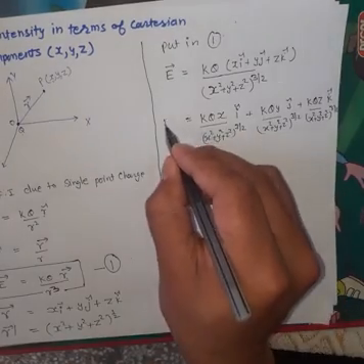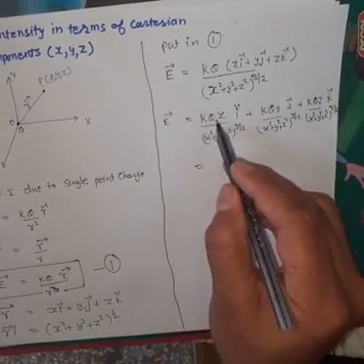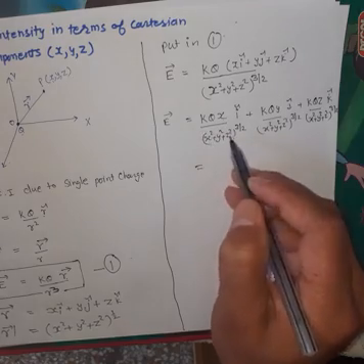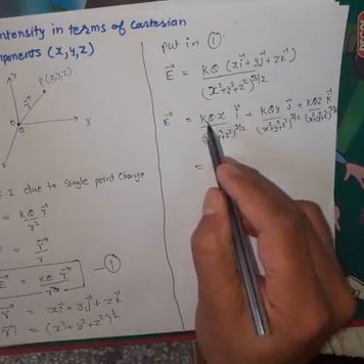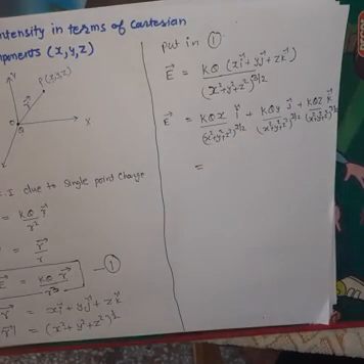Now over here, if you see, we are again getting the electric field formula. This electric field is given in which direction? It is given in the x direction.